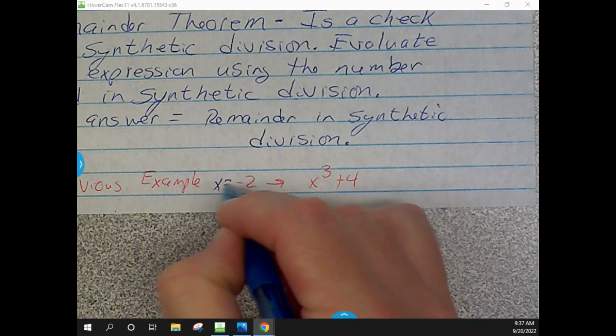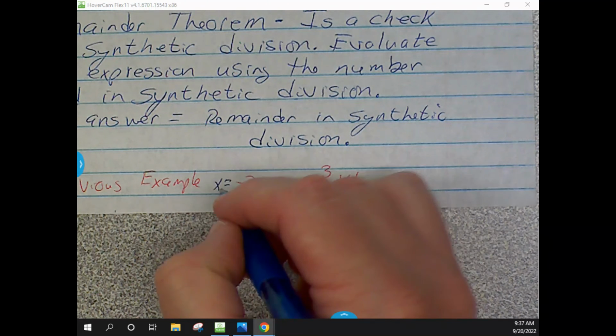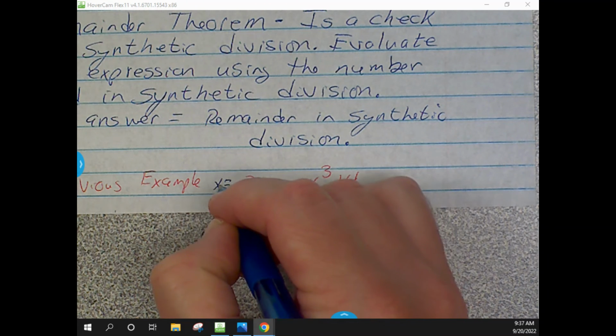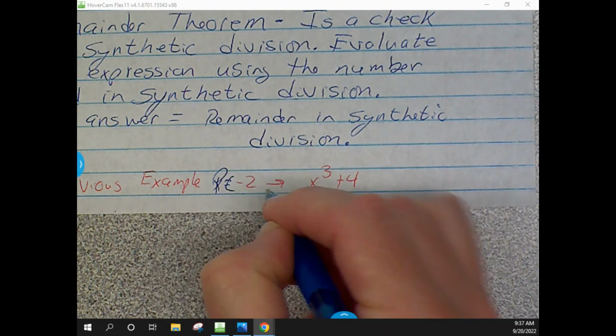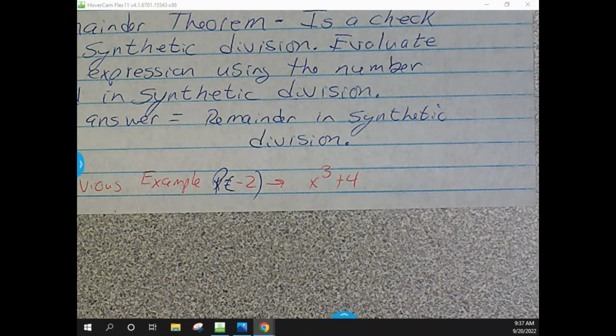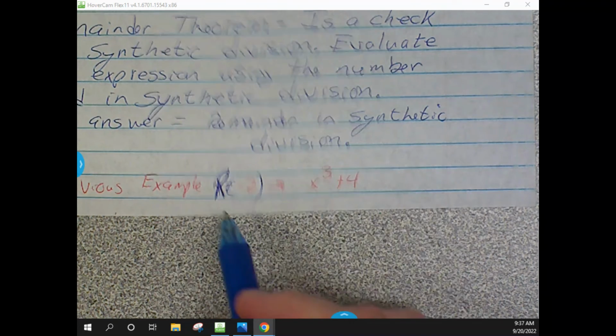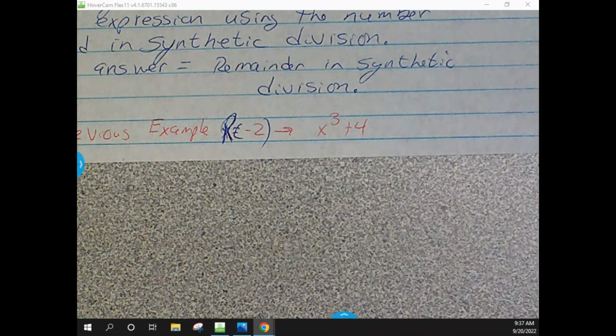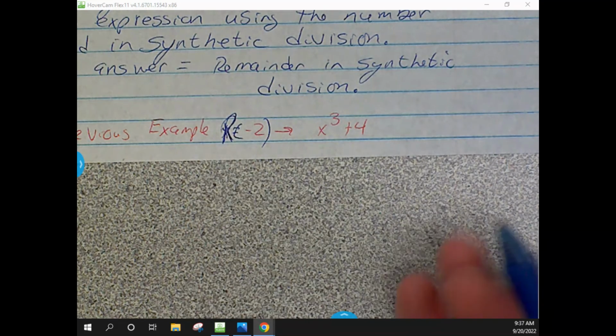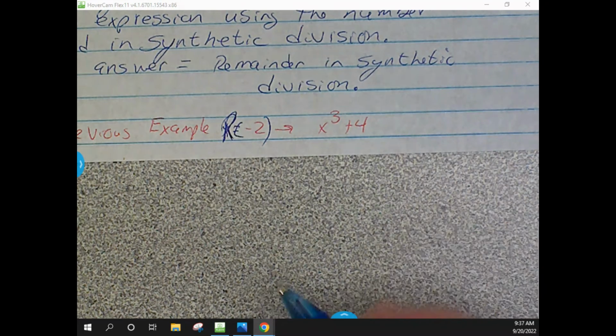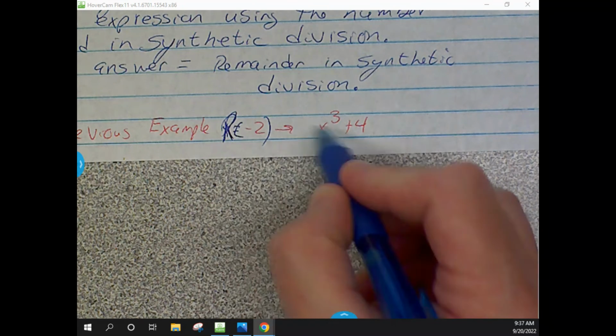So basically, that's our x value. Or a lot of times they'll do this thing. Since it's a polynomial expression, they may do p of -2, or they may do r of -2 because they want to use the remainder theorem, and they may just say, all right, here's some number we want you to plug in and evaluate it and see what you get. It could be an r, it could be a p, it could be any variable for the expression you got. But basically, you're just taking this -2 and you're going to plug it back in.